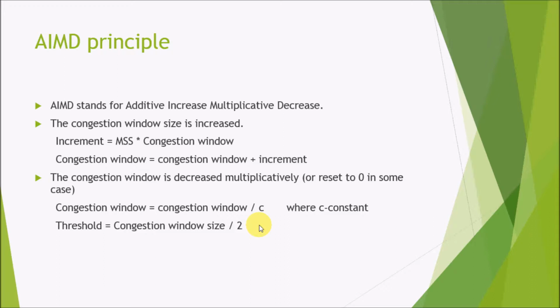So the congestion window size increases additively. Here we have given the formula for the increment, which is equal to MSS, that is maximum segment size.